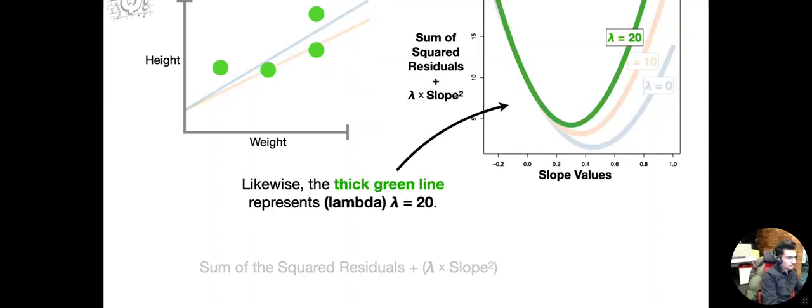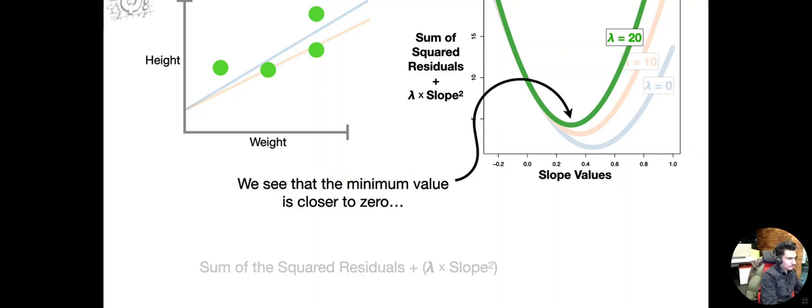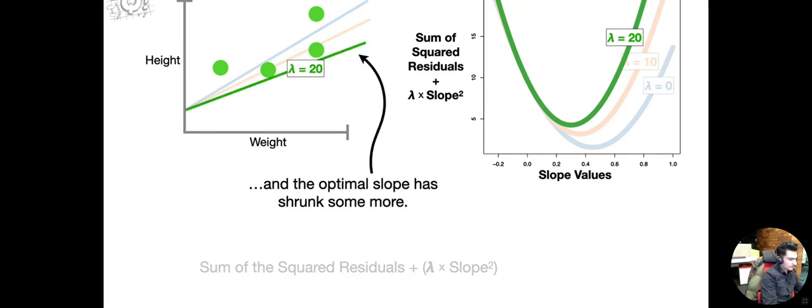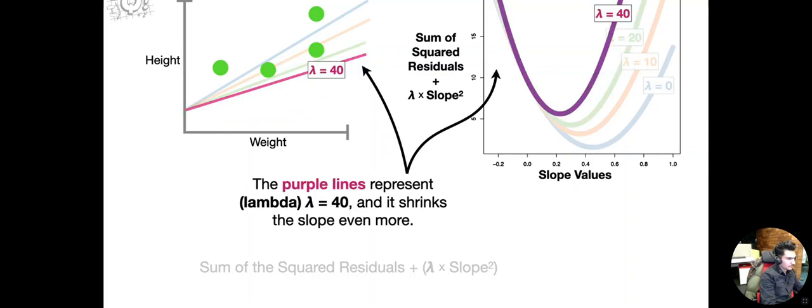Likewise, the thick green line represents lambda equals 20. We see that the minimum value is closer to 0, and the optimal slope has shrunk some more. The purple lines represent lambda equals 40, and it shrinks the slope even more.